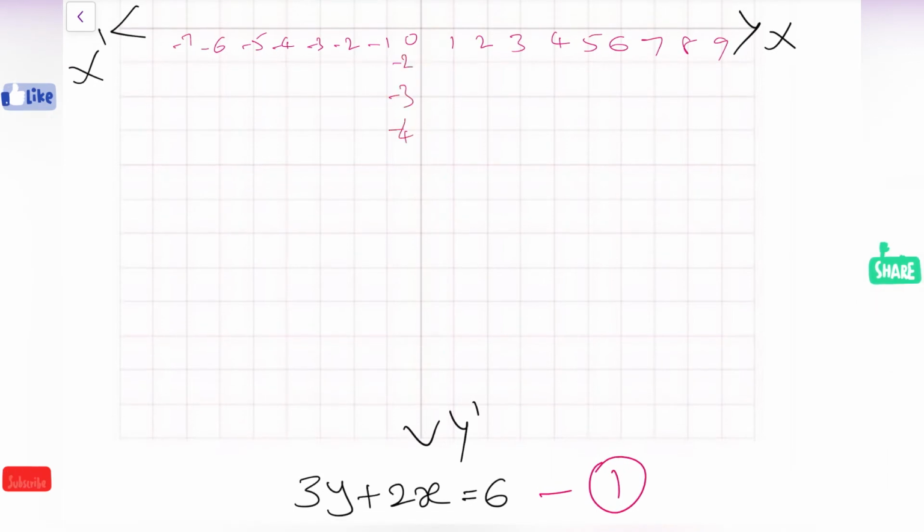Oh sorry, I forgot minus 1 number. Minus 1, minus 2, minus 3, minus 4, minus 5, minus 6, minus 7, minus 8, minus 9, minus 10, and so on. Now let us represent one by one point.